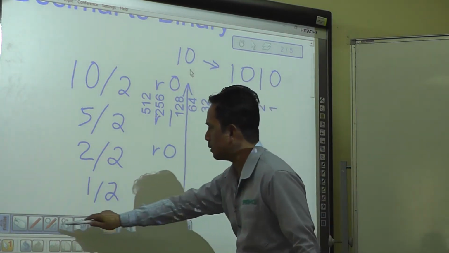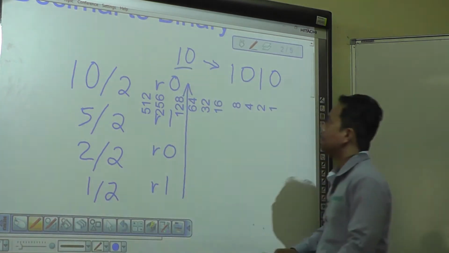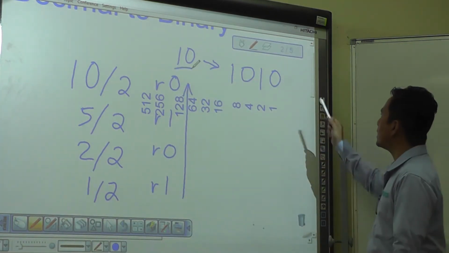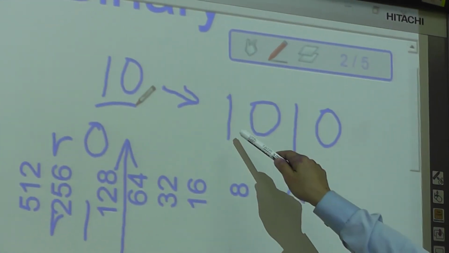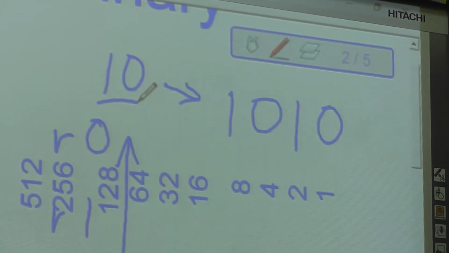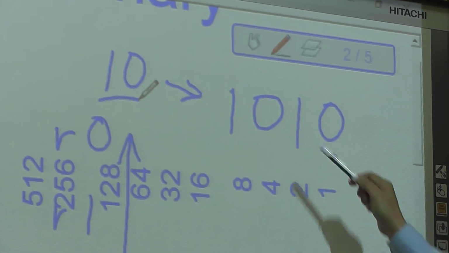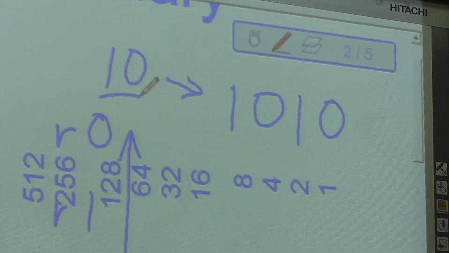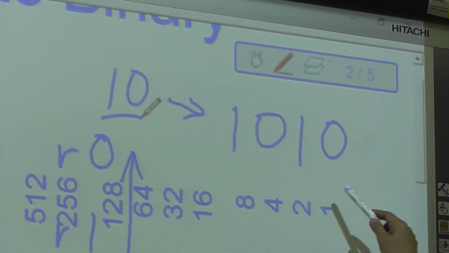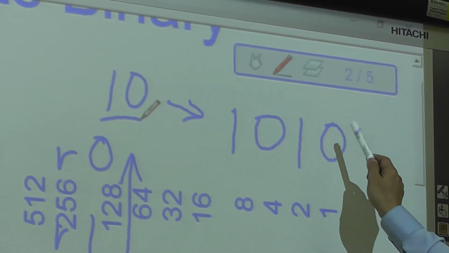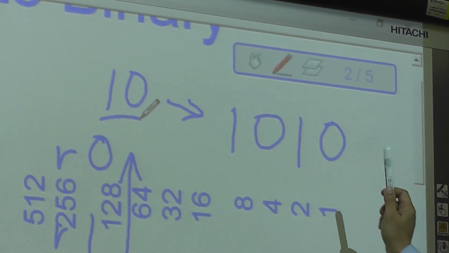Now, how can we come up with the number 10? We got 8 for the 1, and 2 as 1 again in the binary. Let us verify. If this position has 0, there's no value.